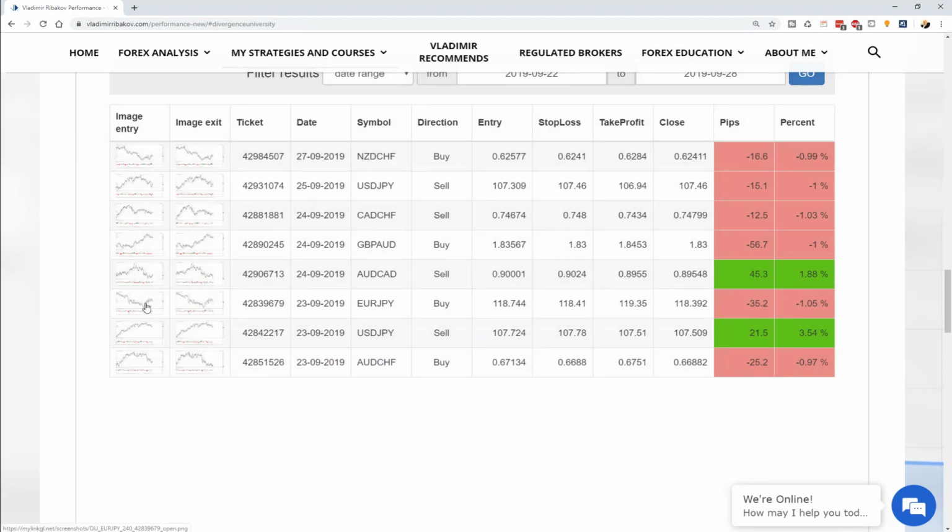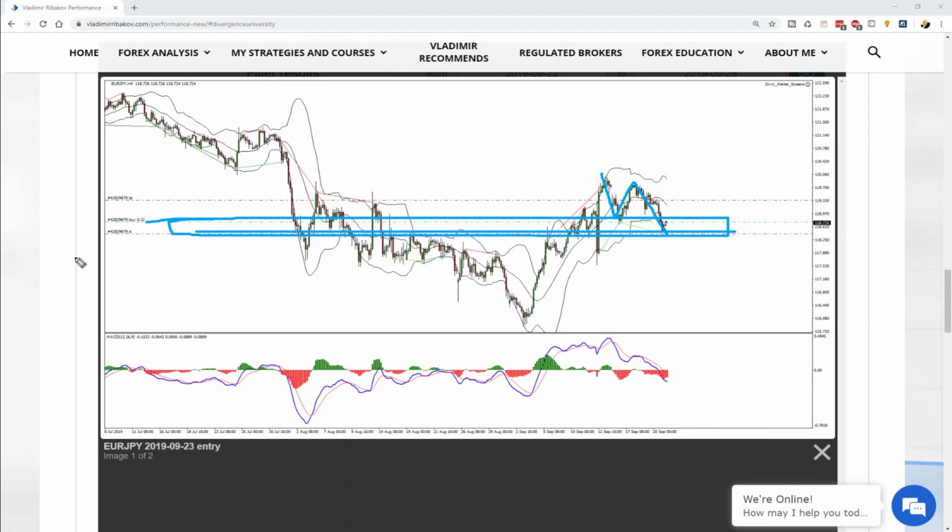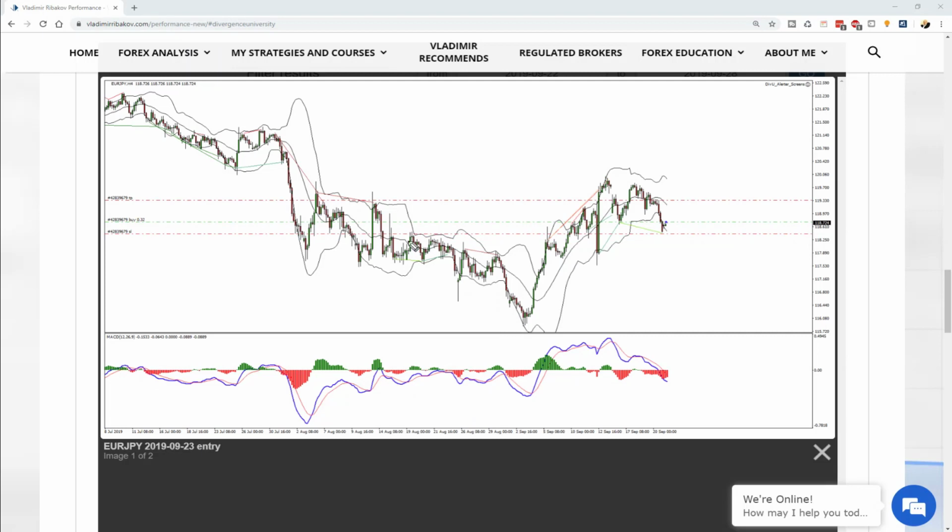Then we have Euro Yen for buys, and for Euro Yen it's more or less clear what's going on. Beautiful ABCD pattern. We are bouncing off of this zone here. This is our supportive zone, this entire place. And how do we pick these support zones? Very easy, guys. You don't even need indicators. All you need to do is see and check where the price stopped most of the times.